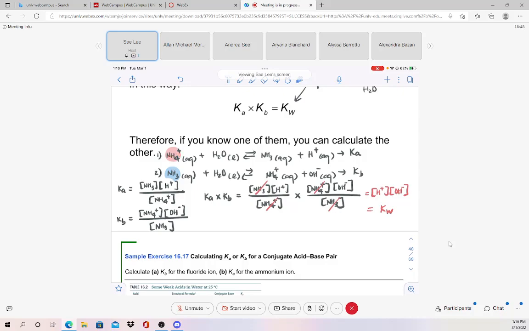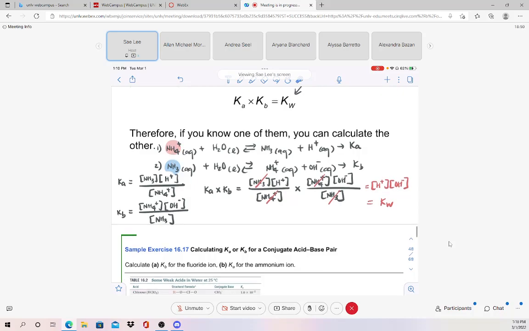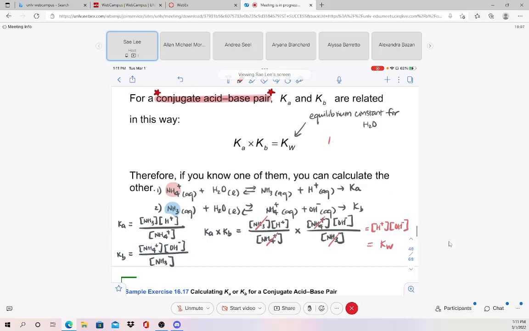If you know Ka, you can find Kb. If you know Kb, you can find Ka. Why? Because Kw is always 1.0 times 10 to the negative 14, as we learned in last class.